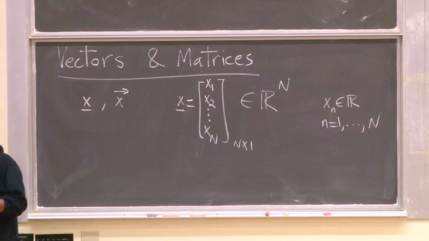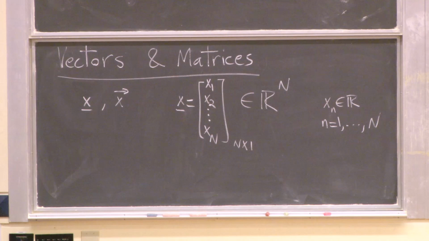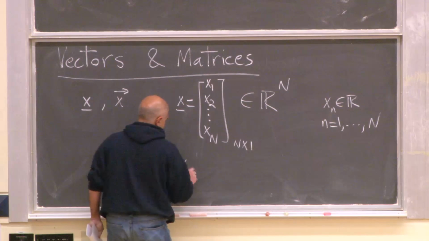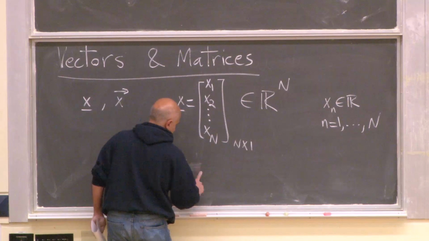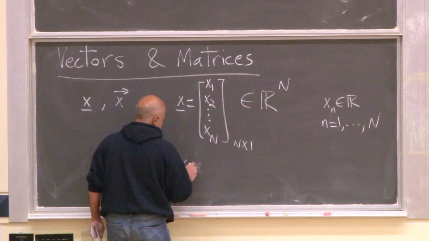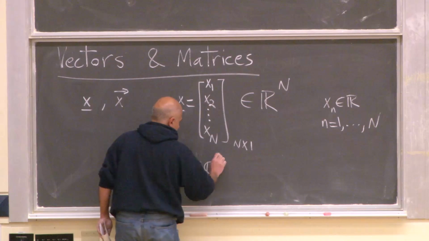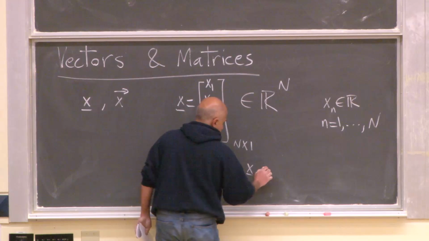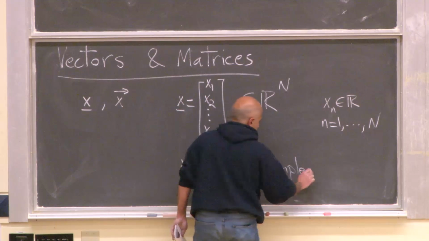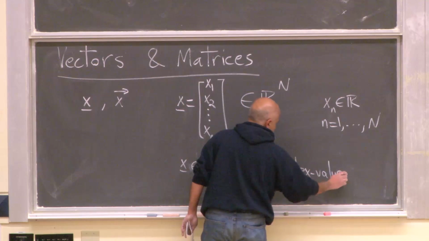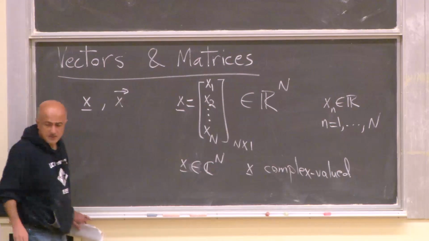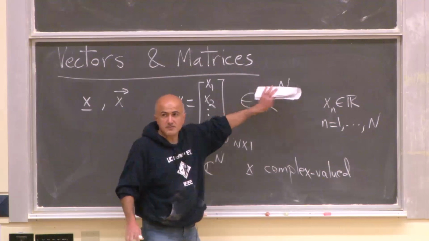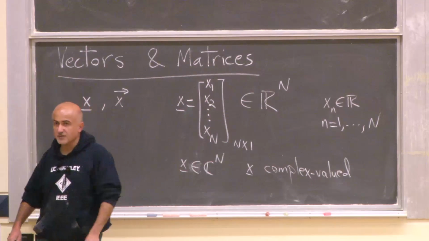In later classes, you will find complex valued vectors, in which case we denote that by Cn, where the vector X is complex valued. So if even a single entry in X is a complex number, that vector will be in Cn. We will deal almost exclusively, if not exclusively, with real vectors in this class.